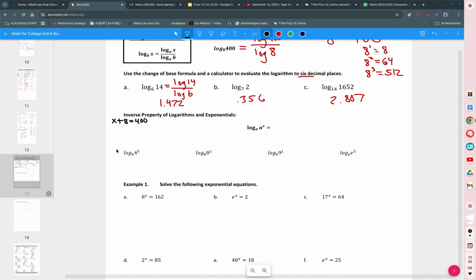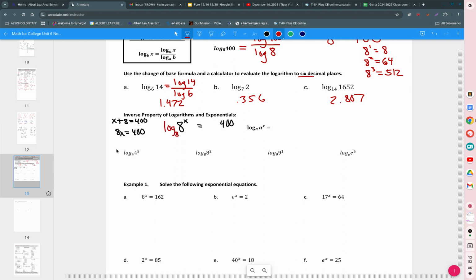And if you had 8x is equal to 400, you would divide both sides by 8. Agreed? So the question is, what do you do if you have 8 raised to the x is equal to 400? And what we do to get rid of the 8, you've never seen this before, but this is what happens.